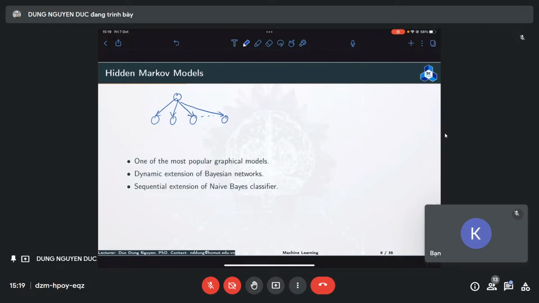But for hidden Markov model, what you have is something like this. It's a sequential model, and it's based on the hidden Markov assumption. So what you see is that the observation you see only depends on the hidden state on the top.